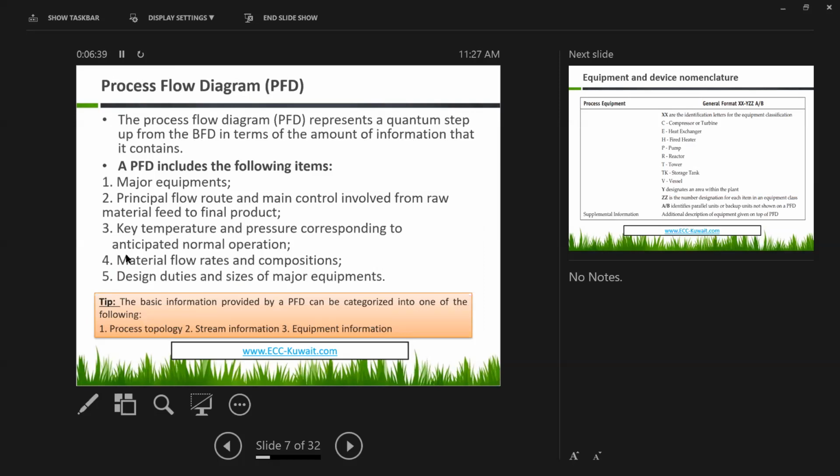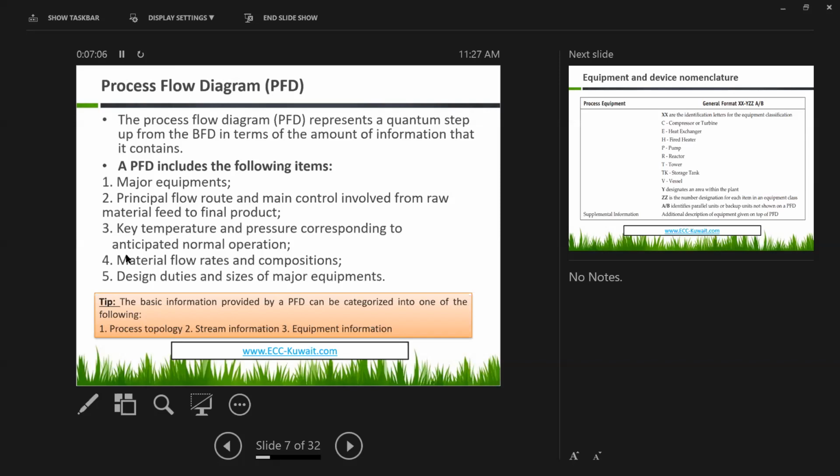There are many items that should be shown in the PFD, such as major equipment, principal flow route and main control involved from raw materials feed to final products. This is not for control loops. It should not be in the process flow diagram.